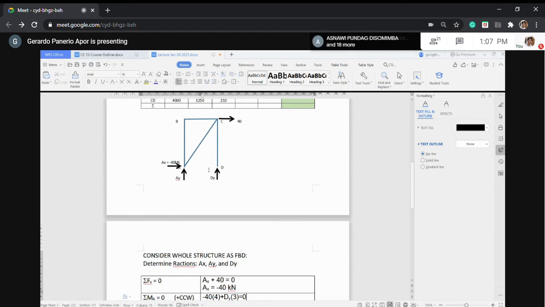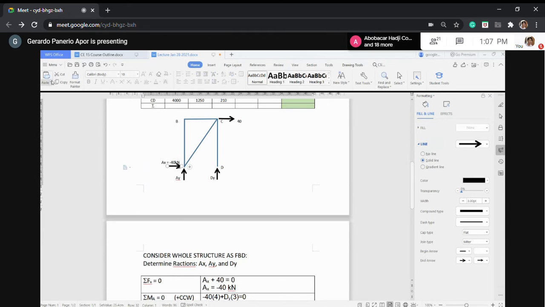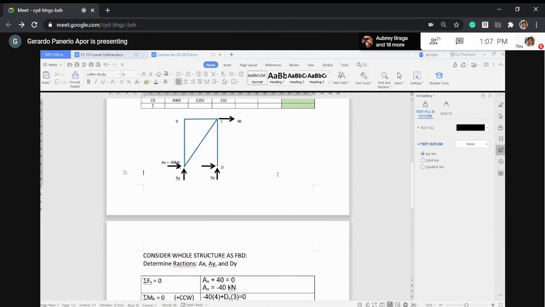If this one has a value, then you isolate that one. There is no other force, only the member, and a member has only axial force. The axial force here is vertical. It could be going away or going in.